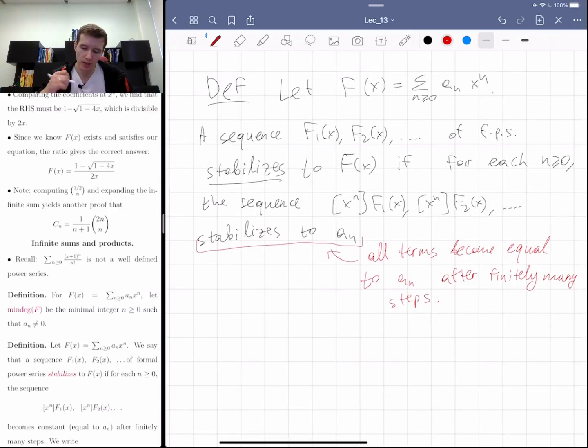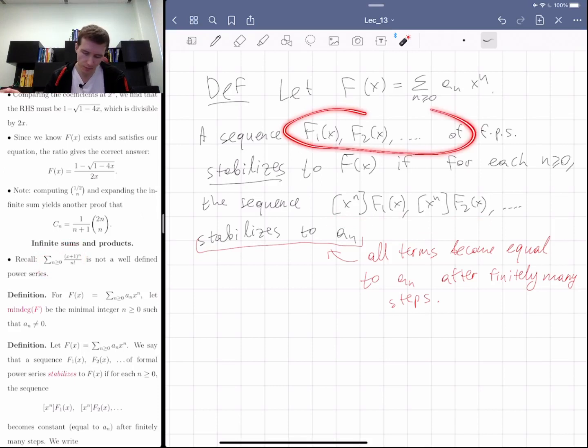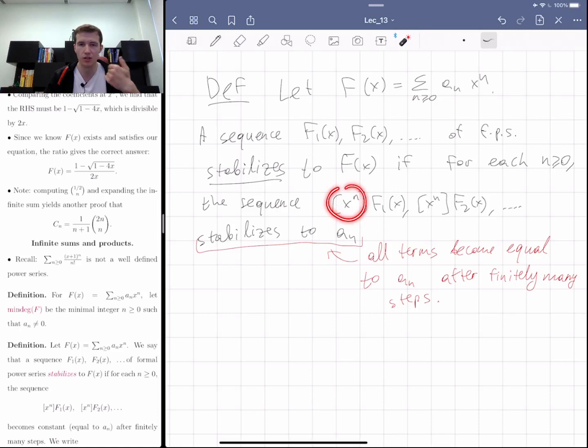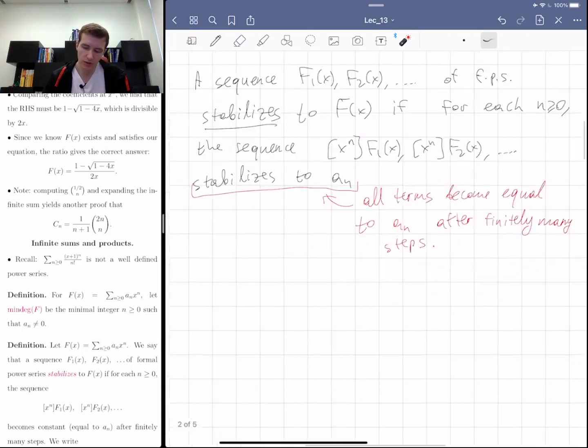So in other words, again, I never want to worry about convergence of some infinite series like I had here. So I want this process to terminate after finitely many steps. So you give me an infinite sequence of formal power series, but if I'm only interested in the coefficient of x cubed, then after finitely many steps, I'm going to see just the same coefficient of x cubed in all of your terms. And then you can define the limit.